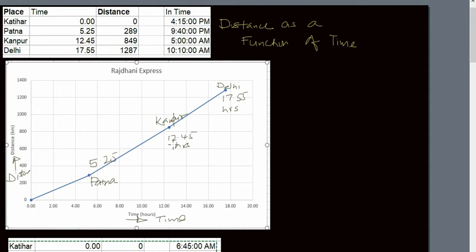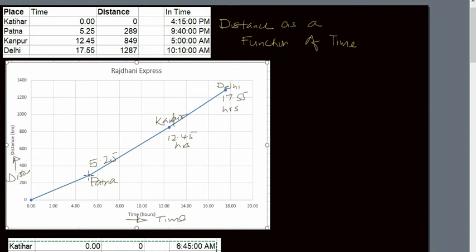In 12.45 hours you reach a place called Kanpur, and in 17.55 hours you reach a place called Delhi. So at this point you should be able to teach your kids how to plot time and distance and show the relationship that as you move through time, you're moving through distance.